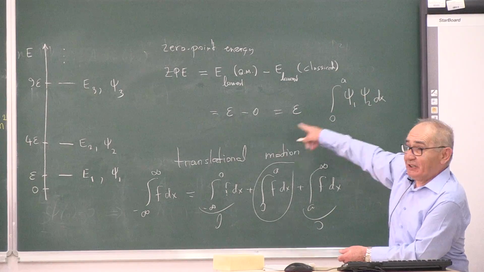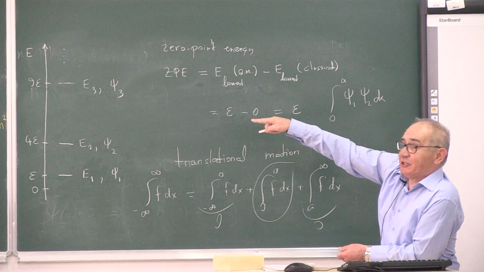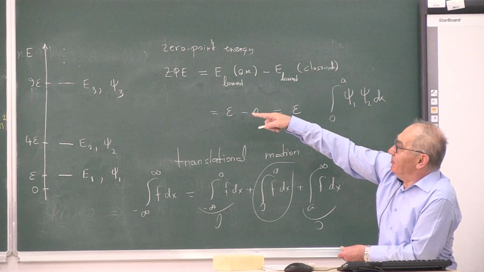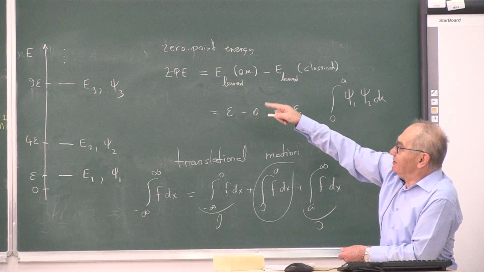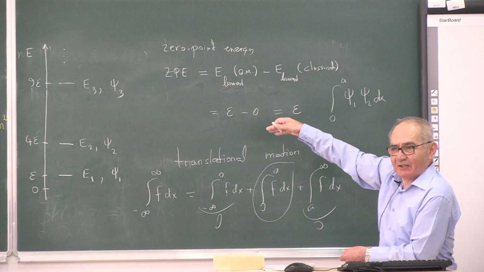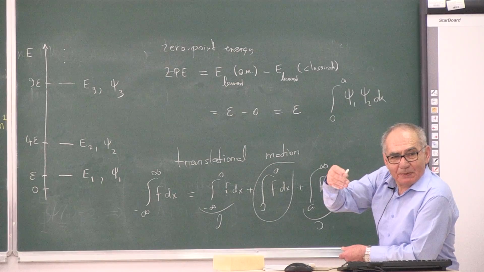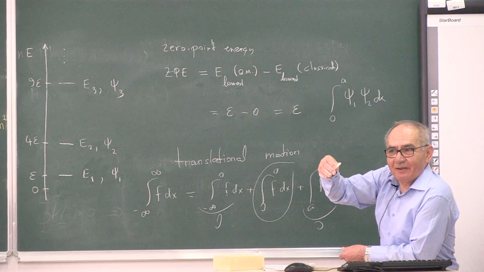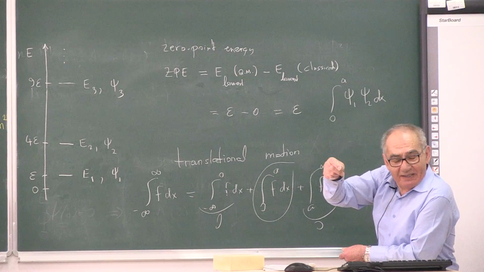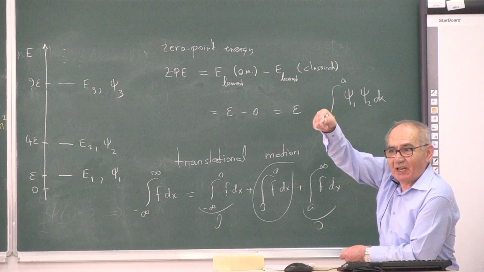Of course, you may do this integration by explicitly substituting sine pi over a x and then times sine 2 pi over a x, and then do the integration, put the limits. But what was our general quantum mechanical principle? If you have two functions, and they are eigenfunctions of the same operator.